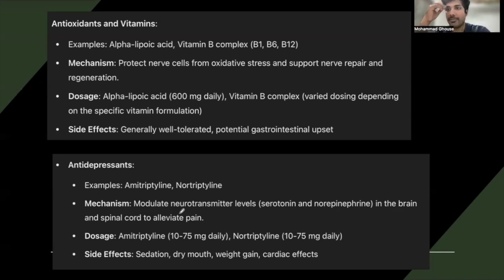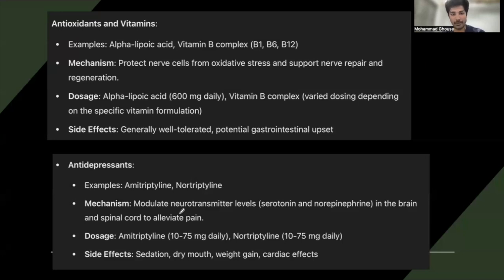There are a few cases of neuropathic pain, especially dysesthesia, in cases where the patient is not fit for surgery, or is a poor candidate for surgery. So we can use drugs such as amitriptyline or nortriptyline. Basically, they modulate the neurotransmitter levels of serotonin and norepinephrine centrally in order to alleviate the pain.